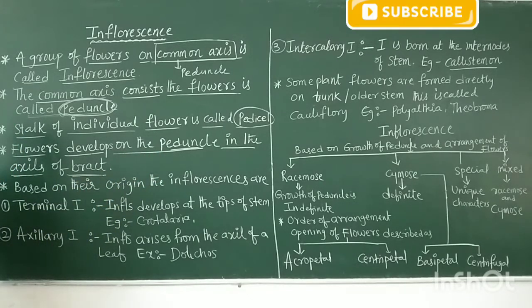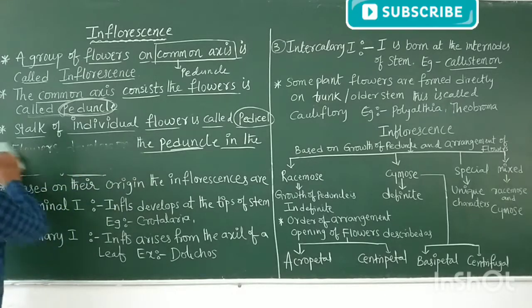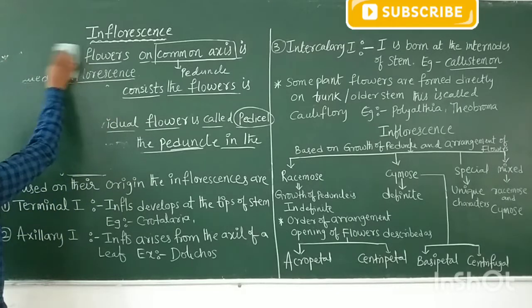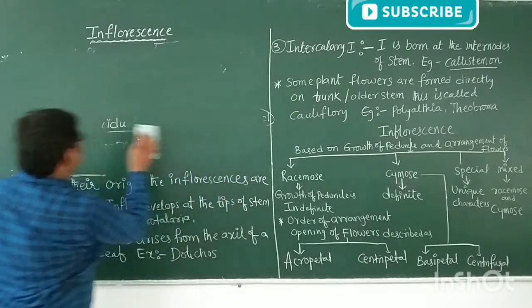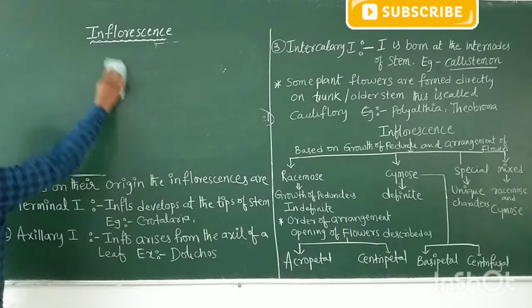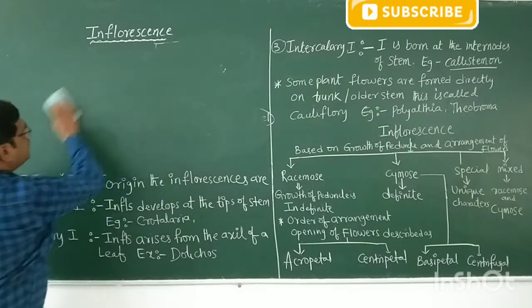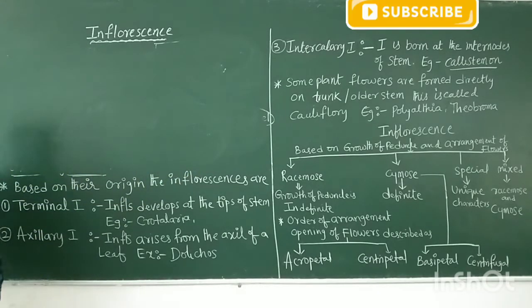Each flower develops on the peduncle in the axil of a bract. So what is the nature of the peduncle, and what is its modification here?